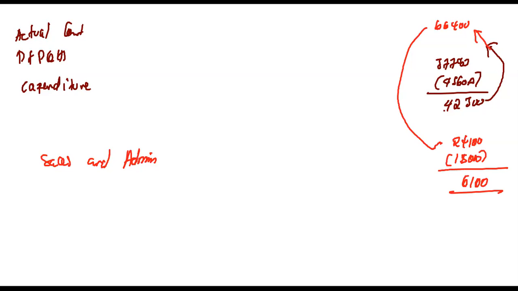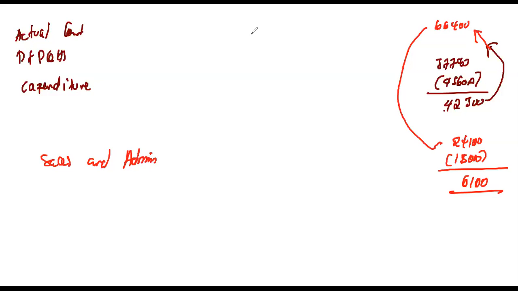So here, notice that the actual profit is the same as the profit calculated by the standard absorption costing because there were no changes in inventory levels here. Absorption costing and marginal costing do not always produce an identical profit figure like the way we've done it here.